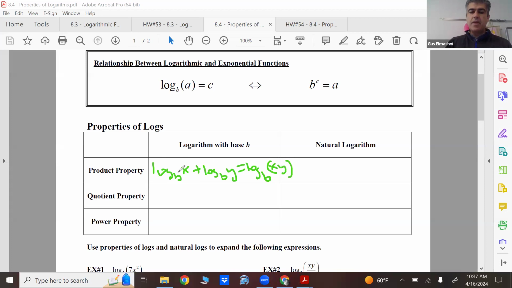You can also do the same thing with ln, but I'll do that in just a sec. If you divide, it looks like this. And then the power property looks like this.